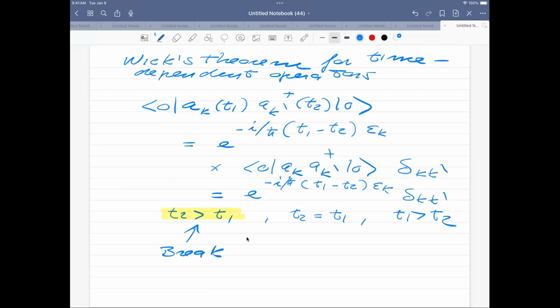When t2 is equal to t1, then we're just back to what we had previously. So you could then think of an instantaneous interaction. But since we want to bring in time here, the t2 equal to t1 case is less interesting. The interesting case is actually t1 larger than t2, because we create a particle at t2.